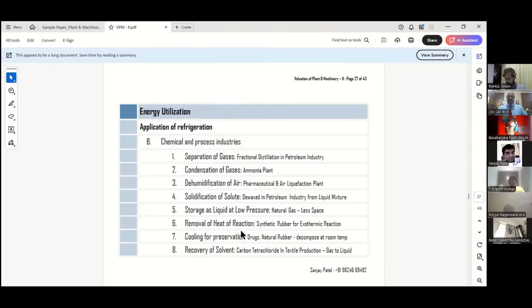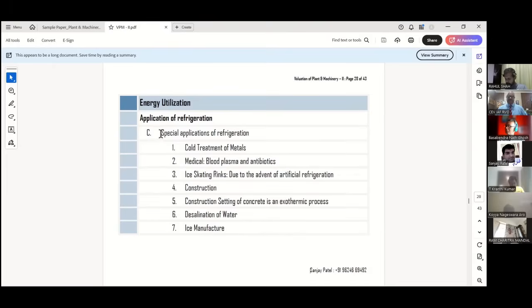Similarly we find refrigeration in cold treatment of metals, in medicine, plasma separation, separation of antibiotics, making an ice skating ring in construction, settling down constant exothermic processes, desalination of water, and ice manufacturing.